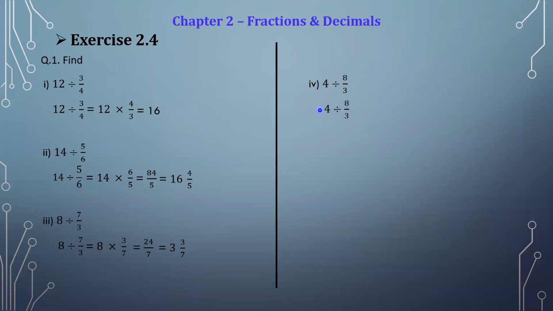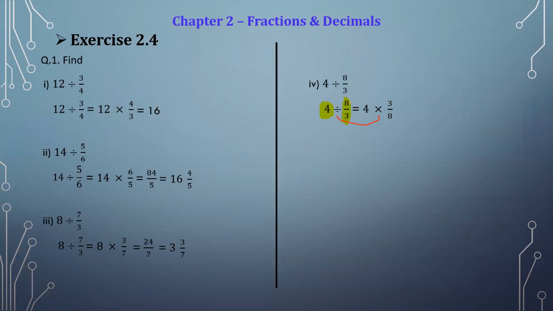The first number is going to remain as it is, that means the whole number is going to remain as it is. Then the fractional number 8 upon 3, we are going to take the reciprocal of that. So that reciprocal is 3 upon 8, and we are going to change the division sign into a multiplication sign.